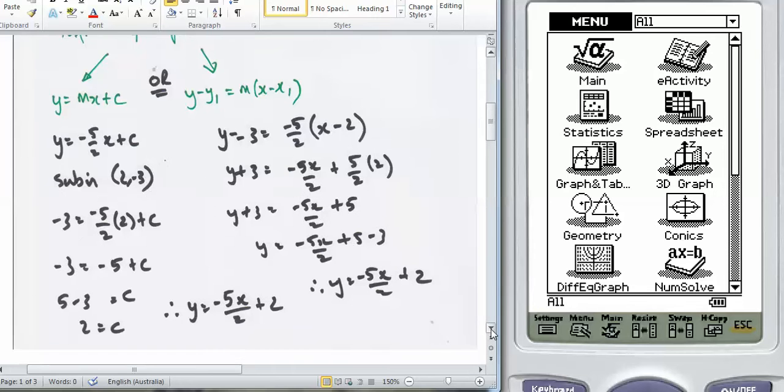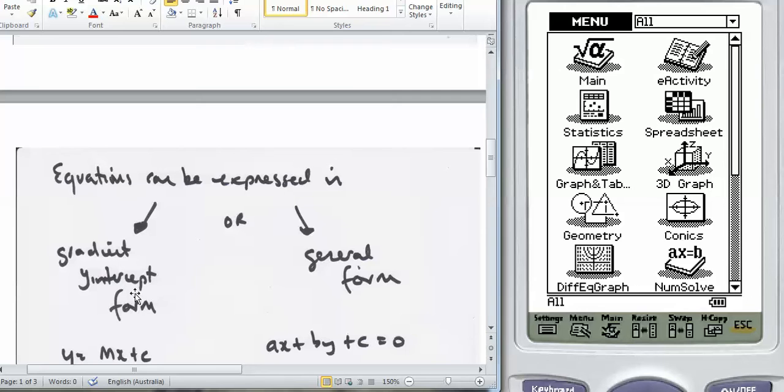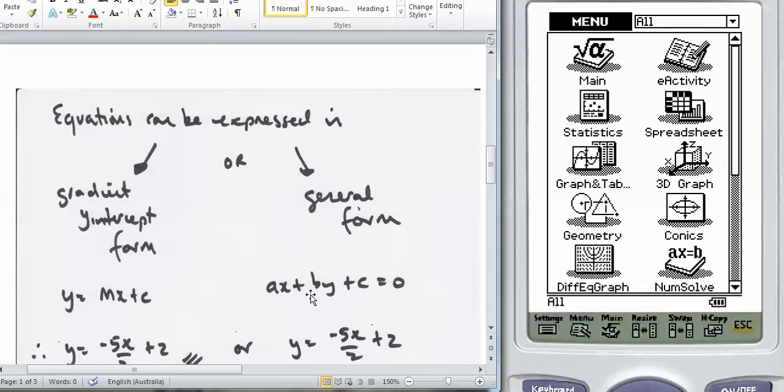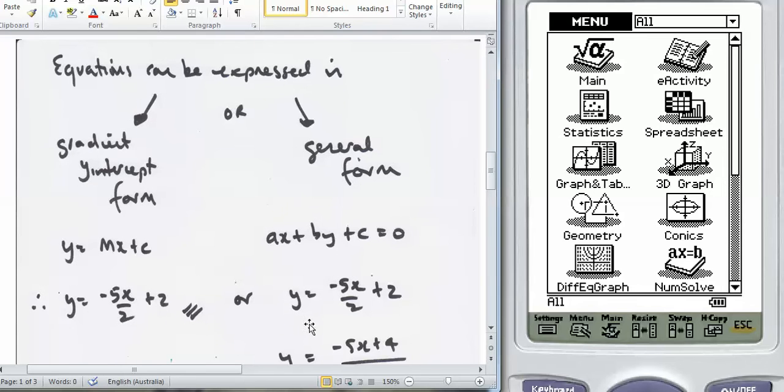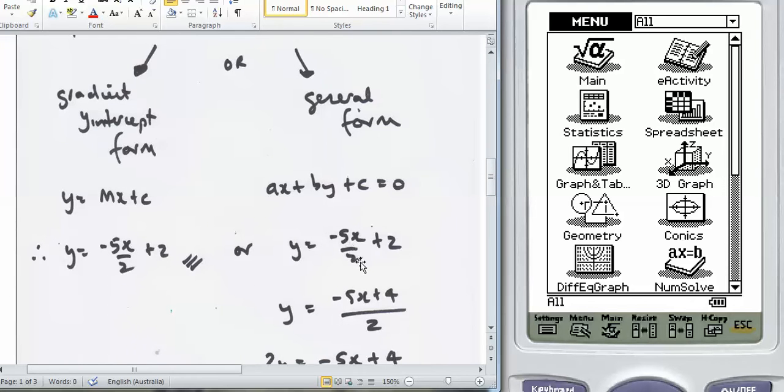Now, the question might be, do you want the equation expressed in gradient y-intercept form, that is y = mx + c, or do you want it in general form, in the form of ax + by + c = 0? Our last answer, y = -5x/2 + 2, could be turned into the general form by, since this was divided by 2, the lowest common denominator of 2 turns this 2 into 4.